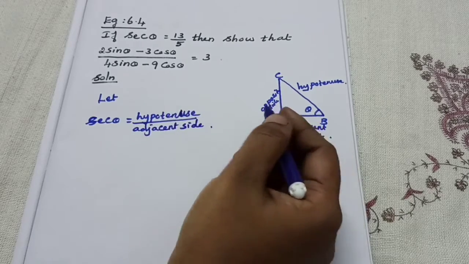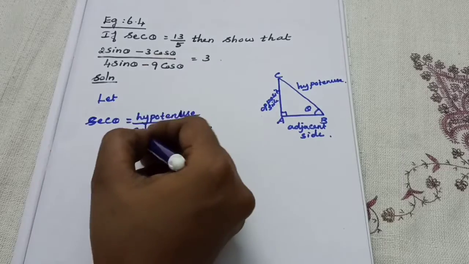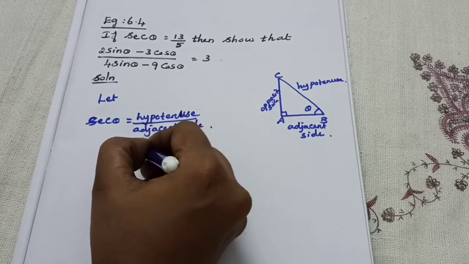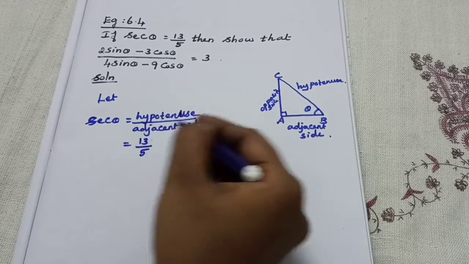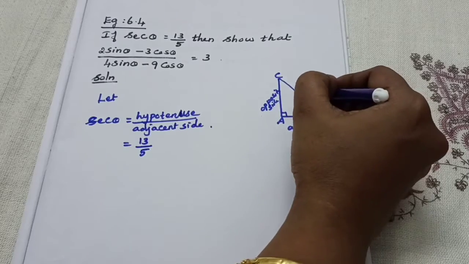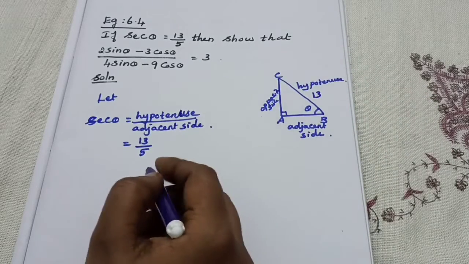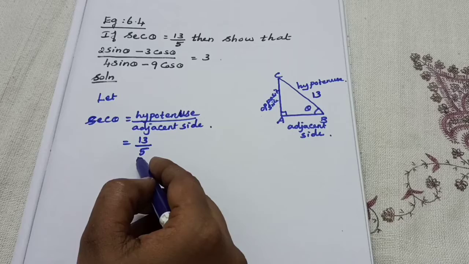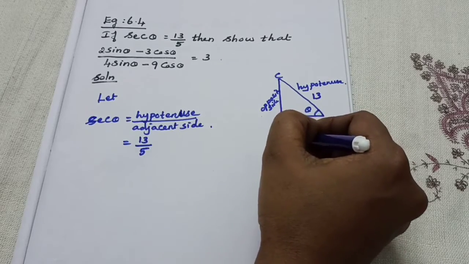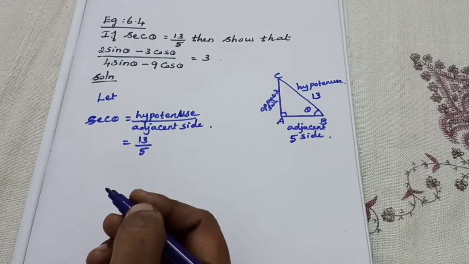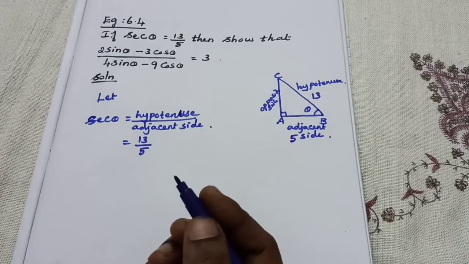Which is the hypotenuse? Here 13 divided by 5 is given. This one is the hypotenuse, so we write 13. Divided by the adjacent side, which is given as 5. This opposite side we don't know.